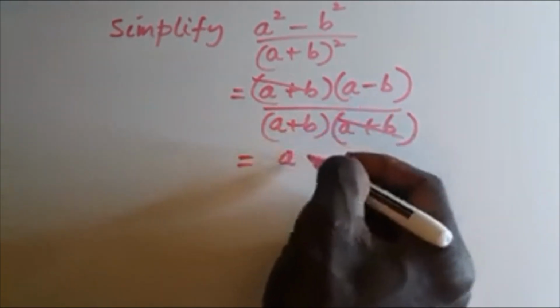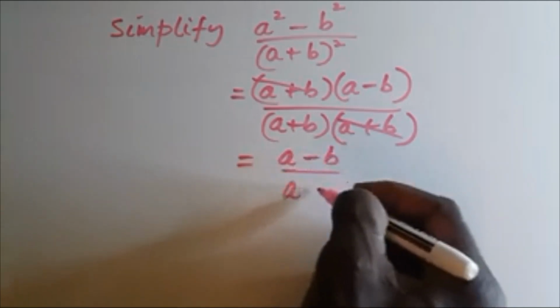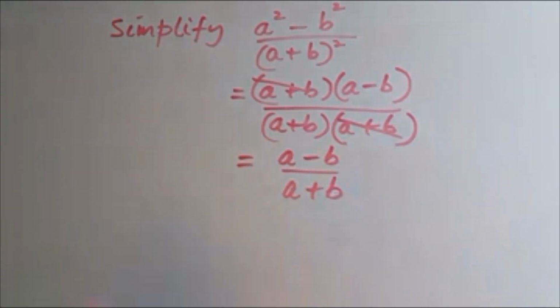So we have a minus b over a add b. And that's the simplified version of a squared minus b squared divided by a add b all squared.